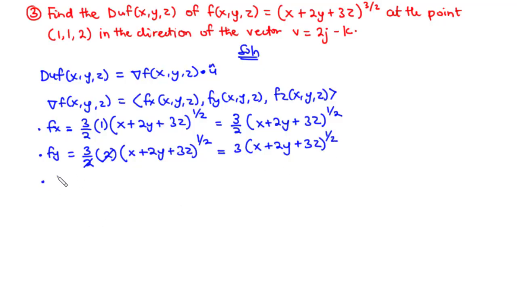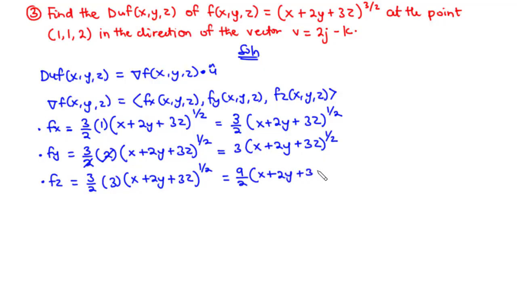And then for fz, we have 3 over 2. We differentiate 3z with respect to z. We have 3, and then (x plus 2y plus 3z), exponent 1 over 2, this becomes 9 over 2 times (x plus 2y plus 3z), all exponent 1 over 2.